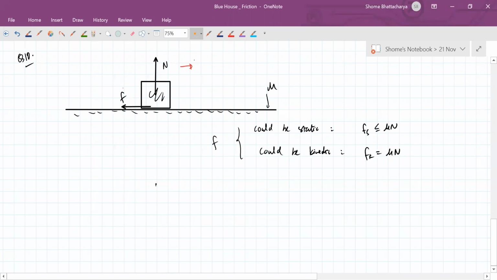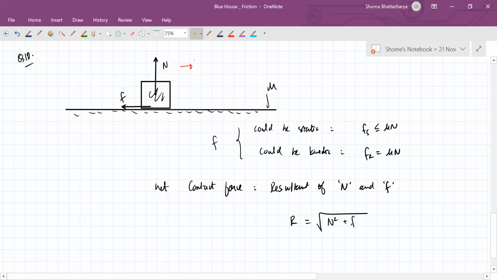Now the net contact force is basically the resultant of the two contact forces, normal reaction and friction. So that resultant is actually like this. It is square root of N squared plus f squared. It is a vector sum of these two.